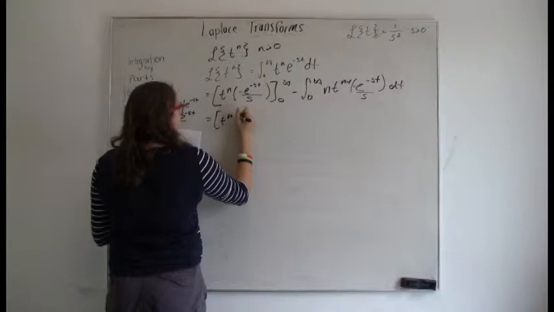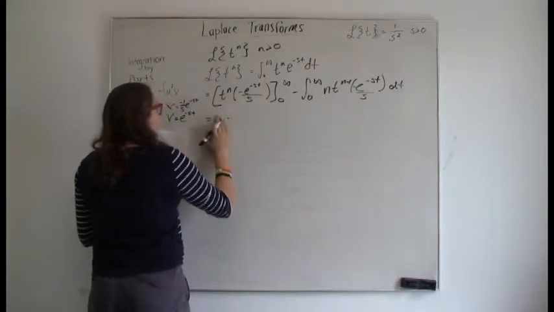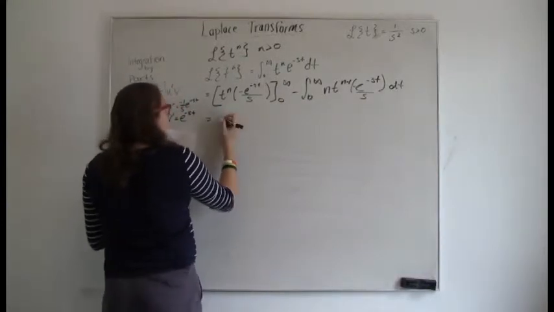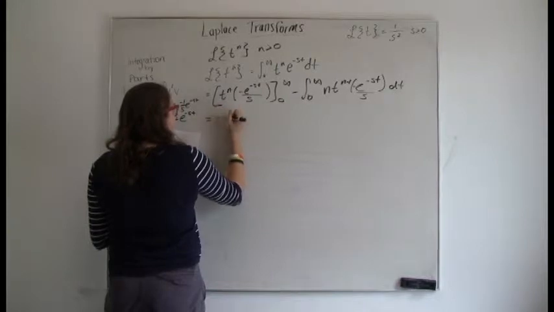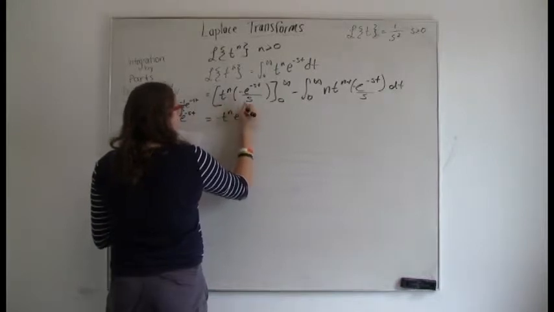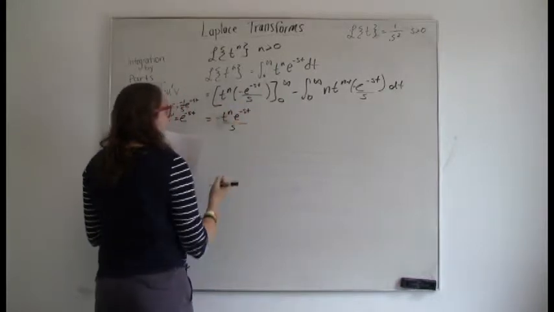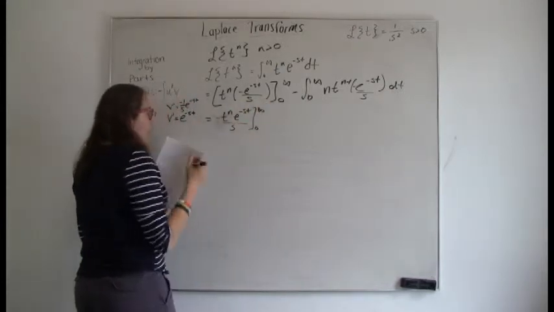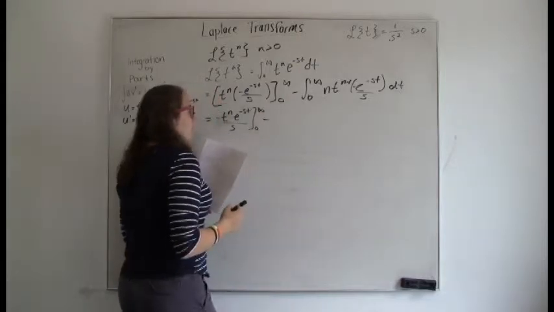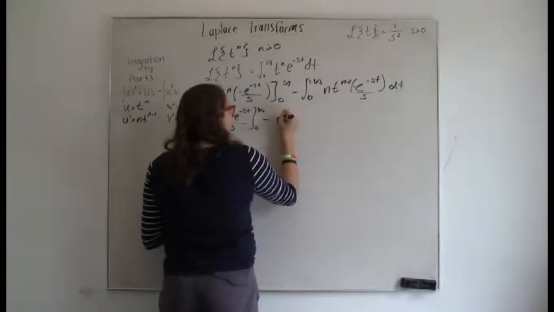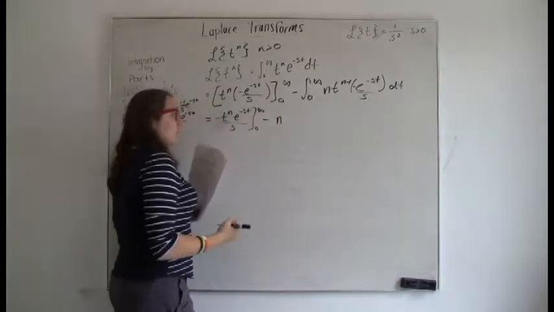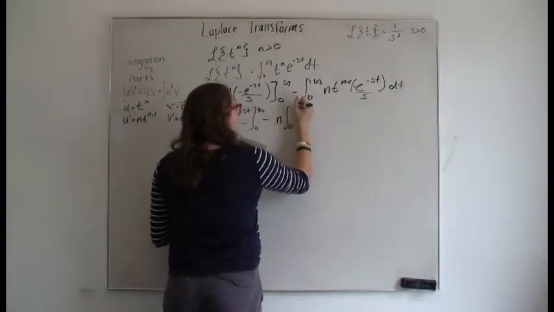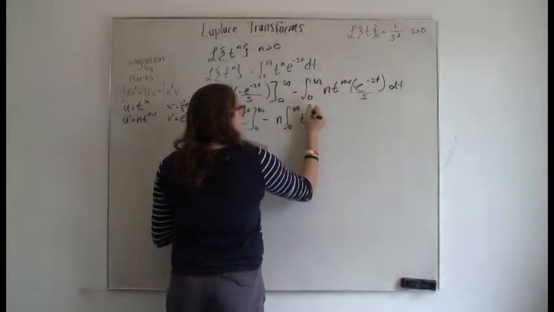We can take out the negative in front of the e so that it looks prettier. So it's negative t to the n e to the negative st all over s, which will eventually be evaluated again from 0 to infinity. Minus, and now we can take out the n in front of the integral because it is a constant, and we get the integral from 0 to infinity of t to the n minus 1 e to the negative st dt.